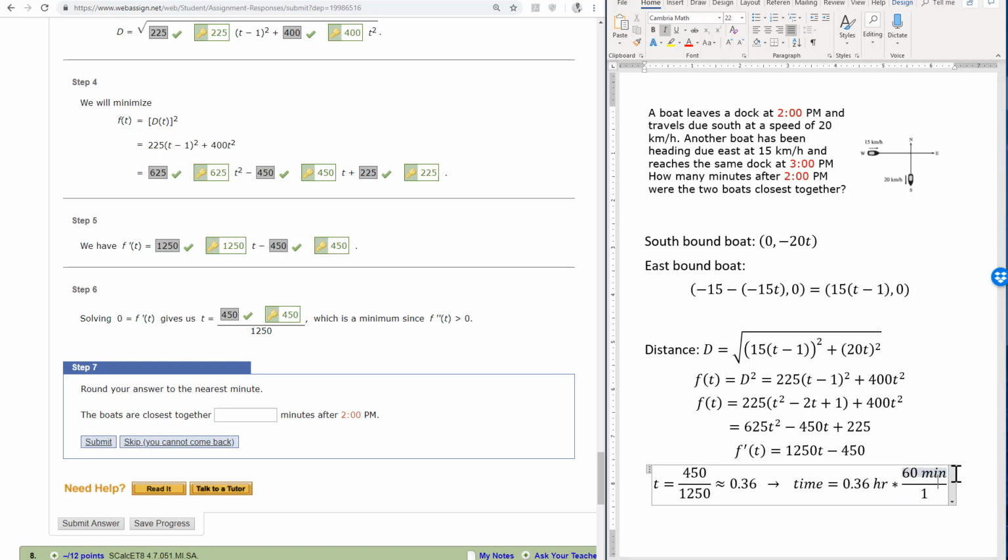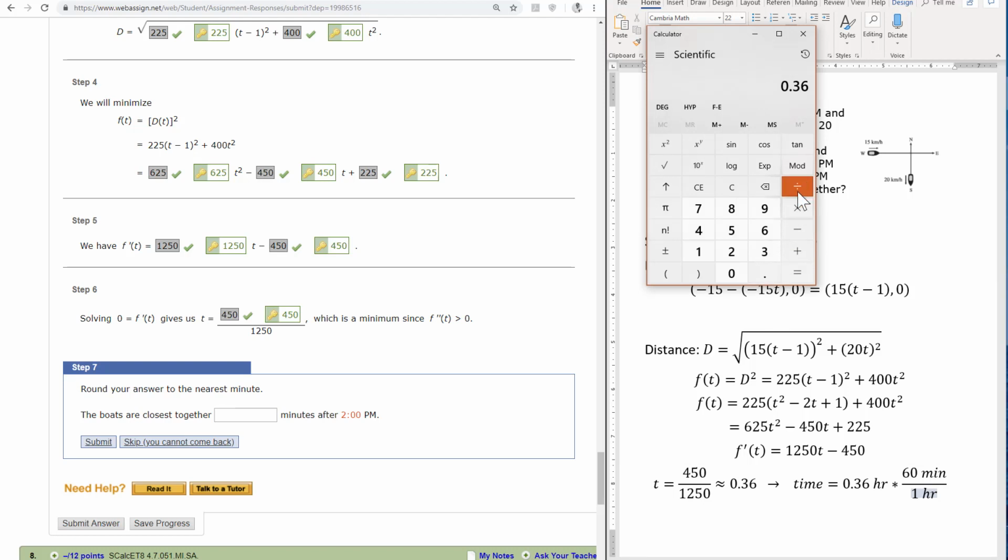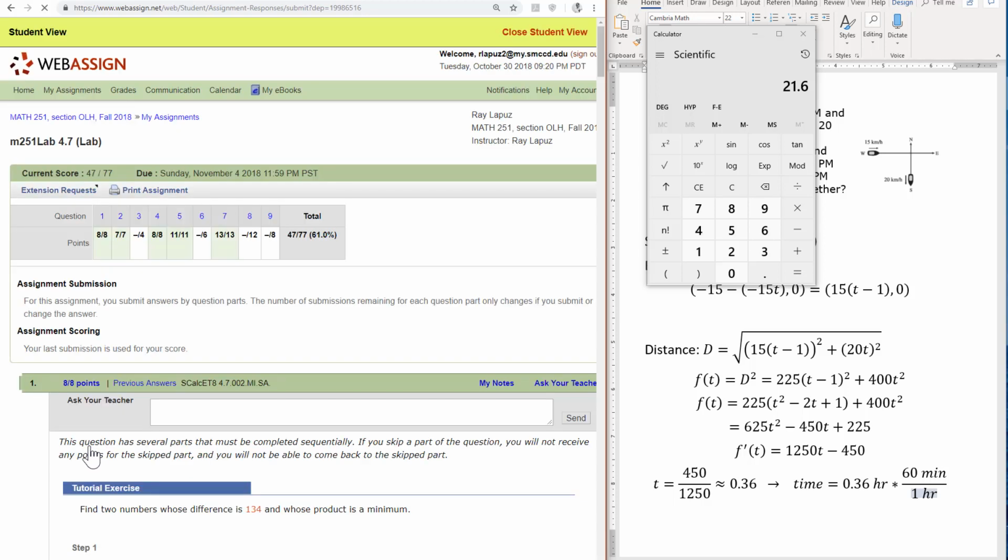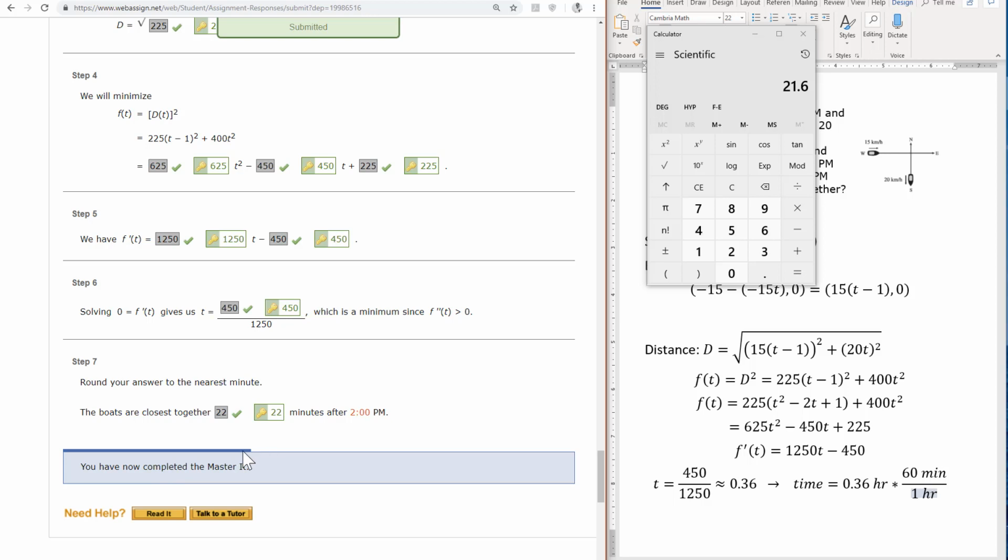So the hours would cancel, and then I just multiply 0.36 times 60. Let's go ahead and do that. Times 60, and we got 21.6, to the nearest minute, 22. So 22 minutes. Okay, so in 22 minutes we have the boats that are going to be closest to each other.